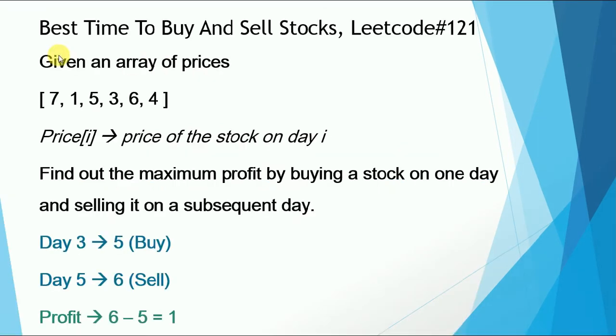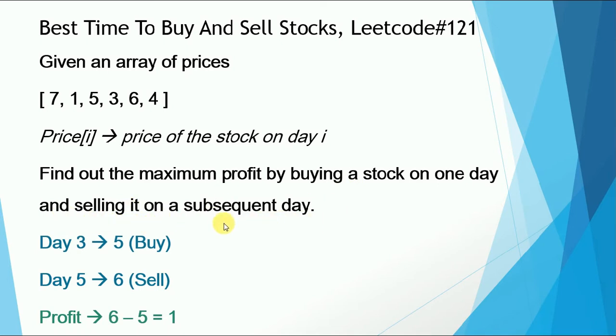You are given an array of prices where any number over here gives the price of the stock on that very day. For example, 3 from the array gives the price of the stock on day 4. You need to find out the maximum profit which you can obtain by buying the stock on one day and selling it on any subsequent day.